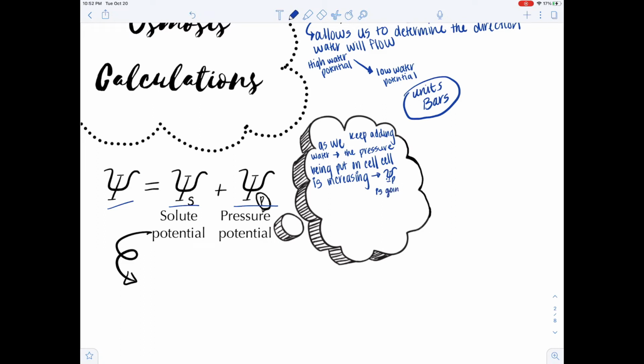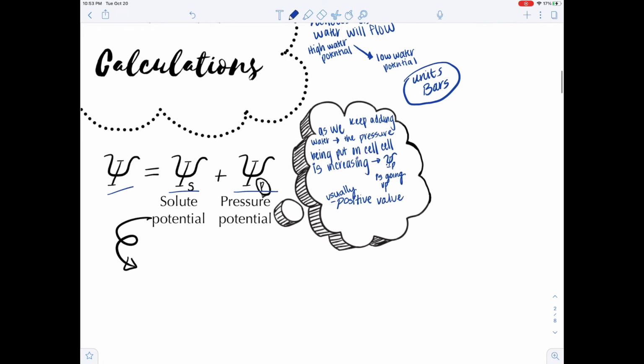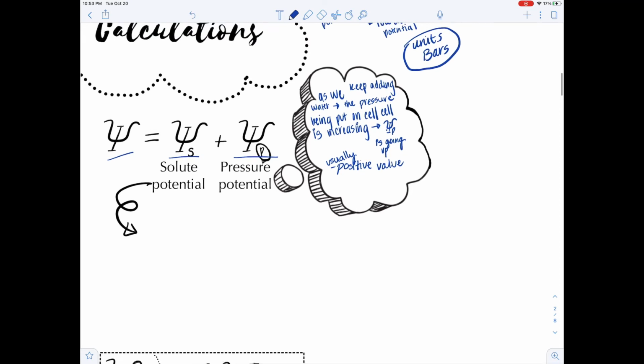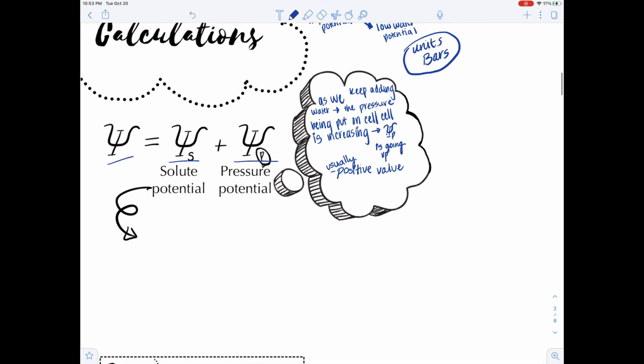So pressure potential is going up as the amount of water going into the cell is going up. Now, our values for pressure potential are usually going to be positive. Another thing to keep in mind, if they tell you that the container is open, that means your pressure potential is 0, since there's no pressure being applied with the container being open. And I'll come back and add that in when we do a sample problem.